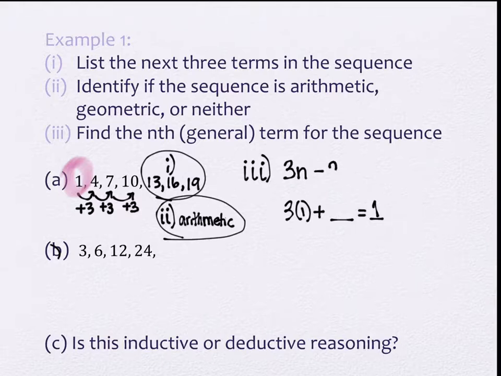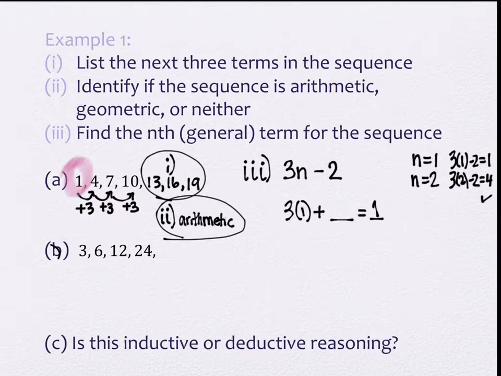So if I put in the number 1, I'd get 3, and I don't want 3. I want 2 less than that. And you can check to make sure that it works by plugging in a few numbers. If I plug in n equal to 1, I get 3 times 1 minus 2, and that's 1, and that's what I wanted. What if I plug in n equal to 2? What do I get? 4. Is that what it's supposed to be? Yeah.